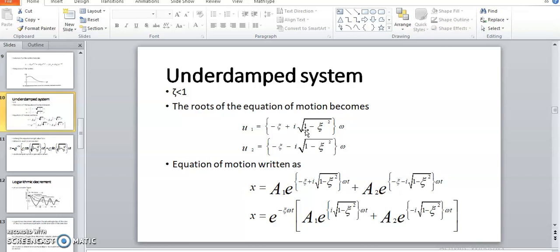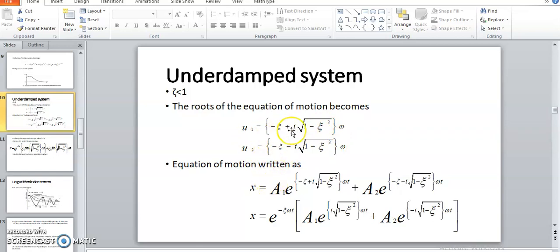Now the two roots are slightly modified like this: u1, u2 is equal to minus zeta plus or minus i square root of 1 minus zeta square, all in bracket, omega. So u1 and u2 are now imaginary and unequal roots.